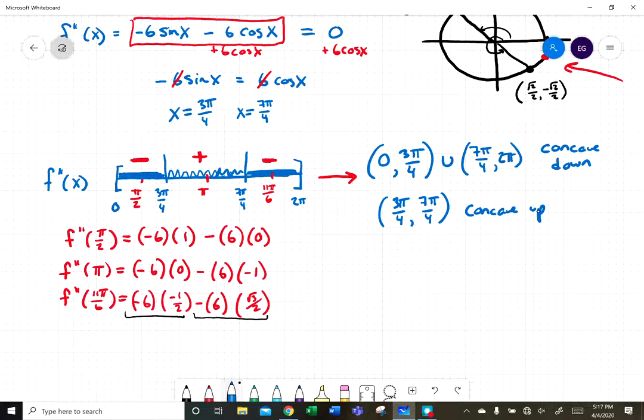So we have a change in concavity at 3 pi over 4, which means there's an inflection point. Inflection points. So let's say there's an inflection point at 3 pi over 4. And there's also an inflection point when x is equal to 7 pi over 4.